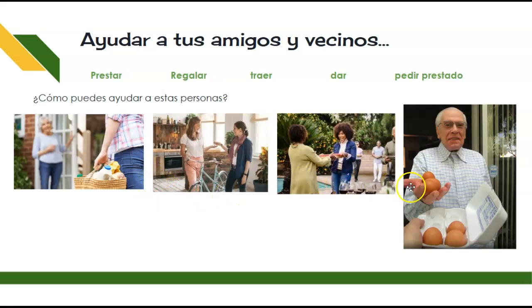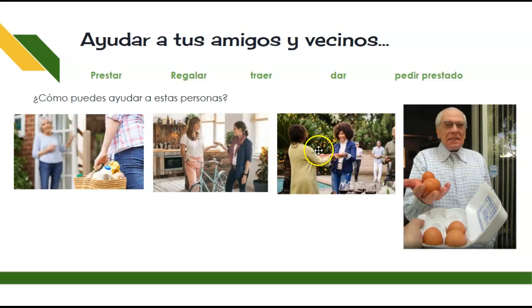Answering like, how can we help these different people? So this person is taking her groceries, you know, le trae la compra. They bring her the groceries. Le presta la bicicleta. She lends her the bike.